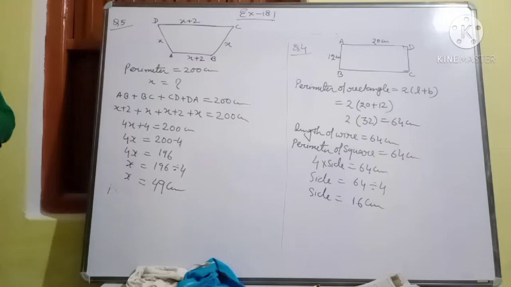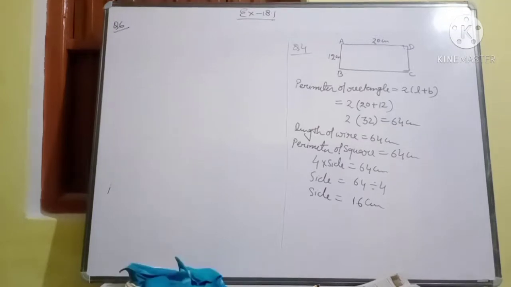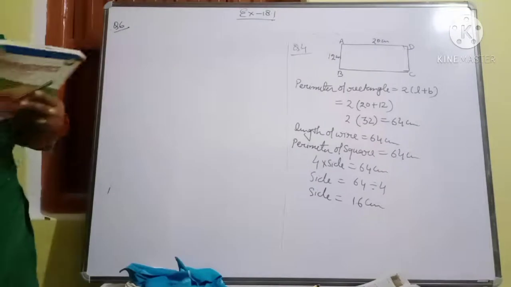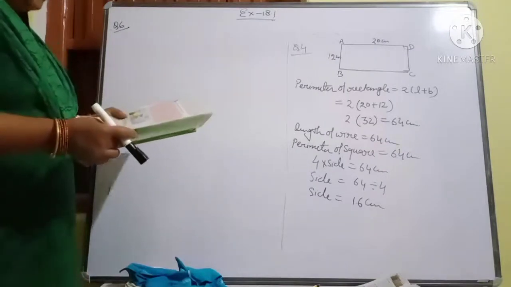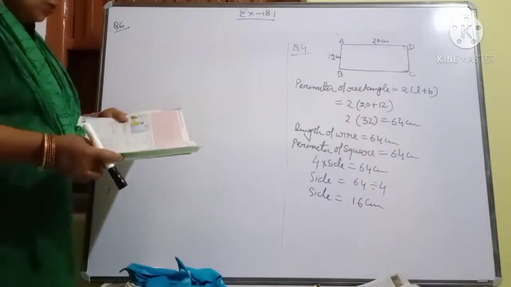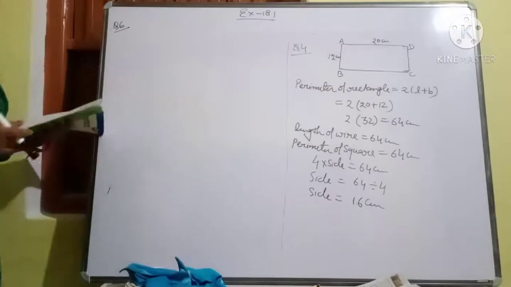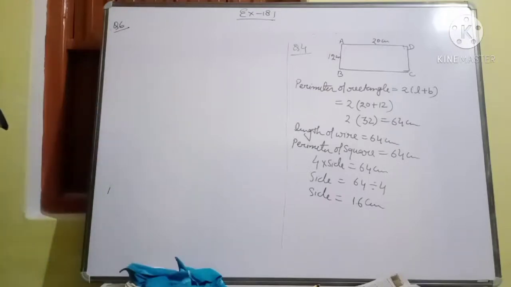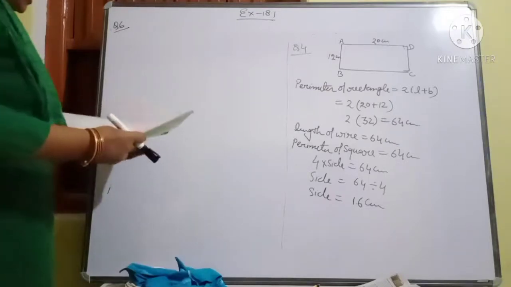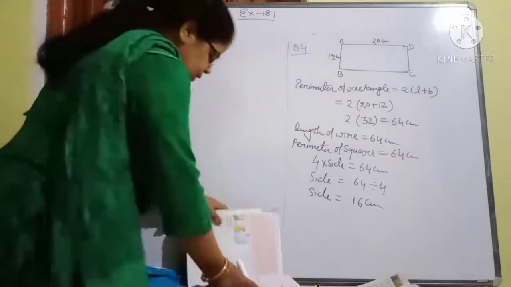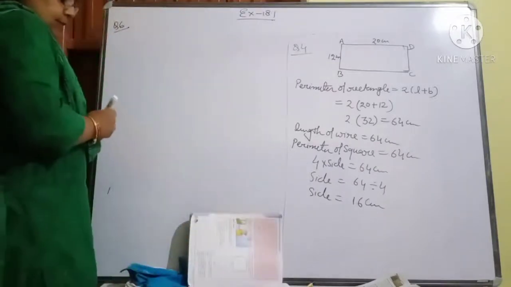Okay. Afterwards, we are now solving question number 6. Now see question number 6. What is it? How many times does Shivani have to run around a field of 83 meter long and 33 meter wide to cover 928 meter? Okay, see, how much distance is she covering?